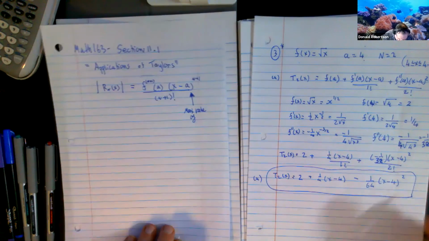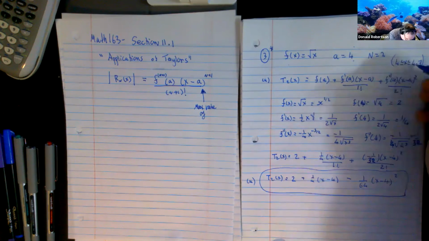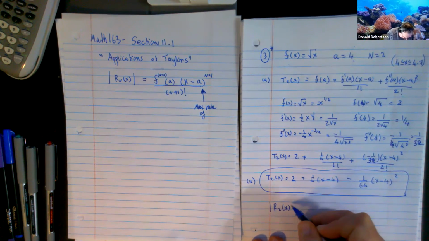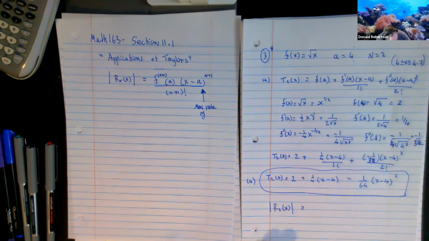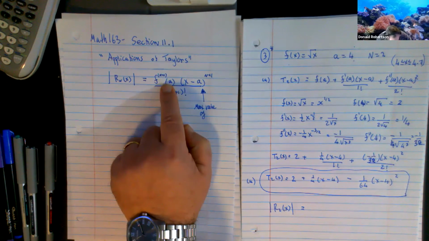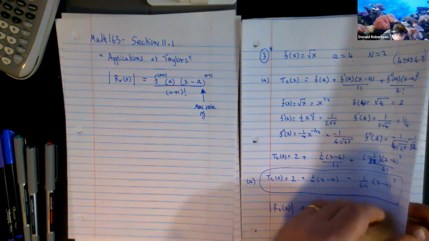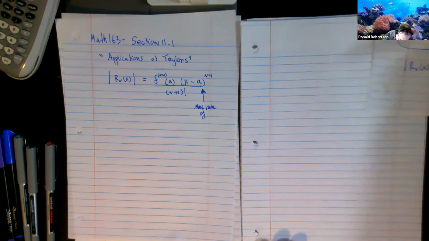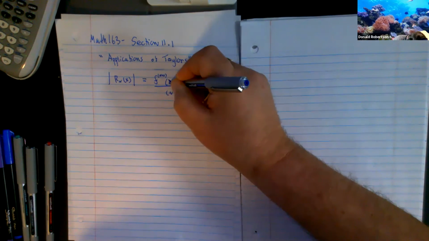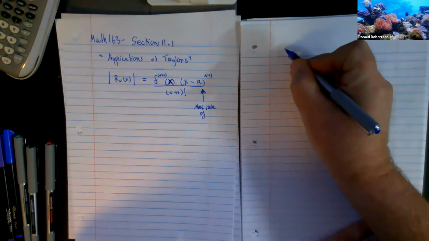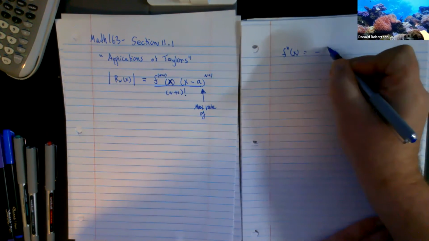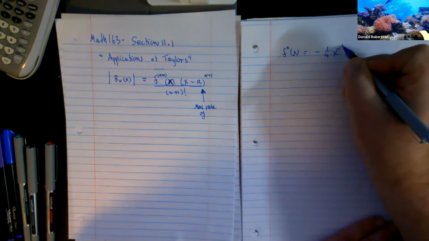Okay, so in my question, we're being asked to find the maximum value of the remainder function, which means I have to do the third derivative evaluated at x. So let's find out who the third derivative is. Should put a little x in there. Well, just to remind you where we left off, this is the second derivative.